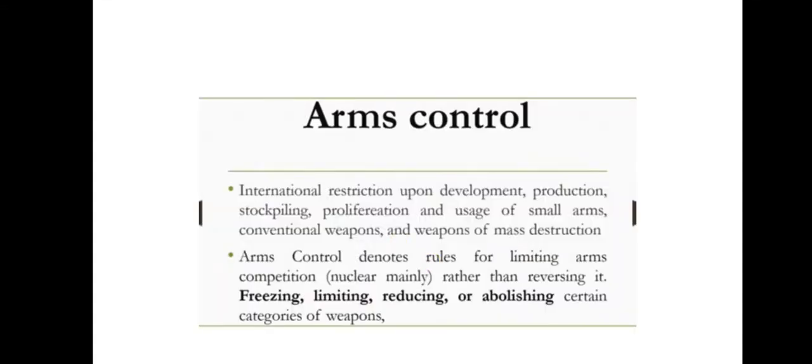This topic, arms control, can be defined as international restriction upon development, production, stockpiling, proliferation and usage of small arms, conventional weapons and weapons which can cause mass destruction. So don't get puzzled by the concept of arms control, because it is really quite simple.